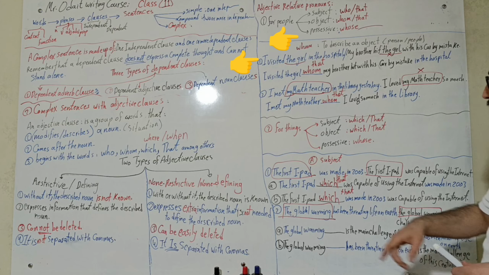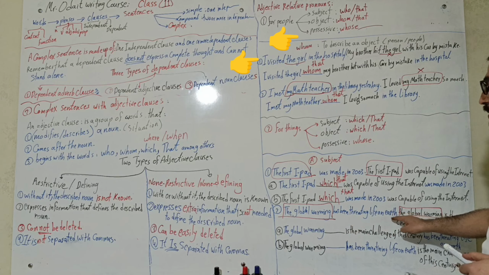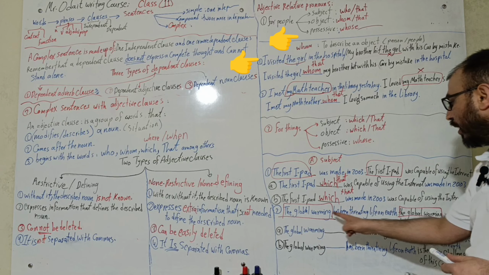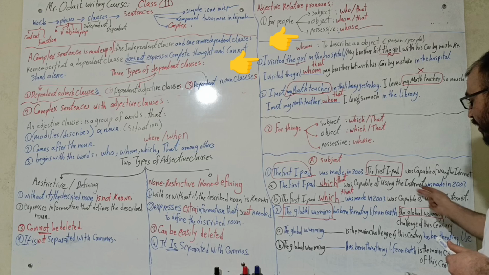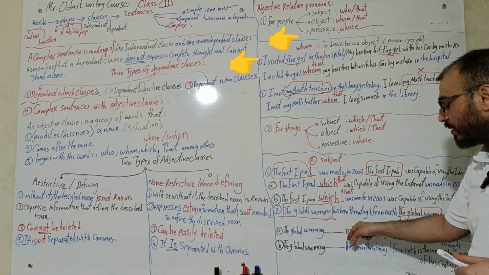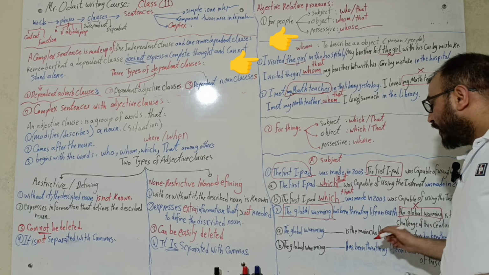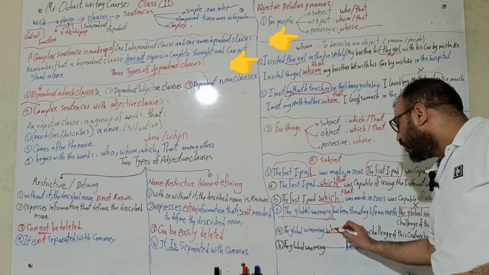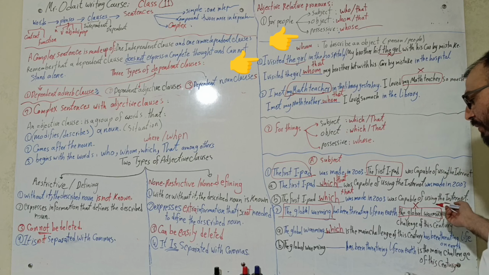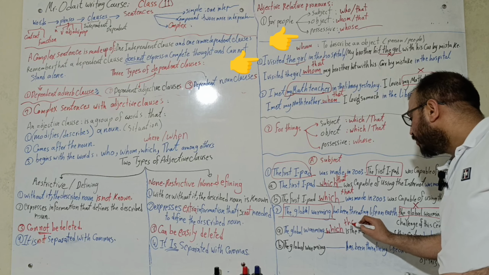I have two options. The first one is to use the first simple sentence as the main sentence and insert the second independent clause, or simple sentence, and transfer it into a dependent clause by deleting the same or repeated subject and use which, because it's something, not a person, or we can use that.